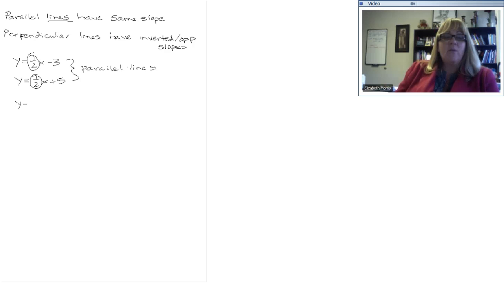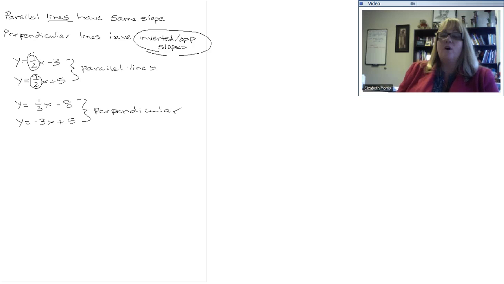Now, if I had y equals 1/3 x minus 8 and y equals negative 3x plus 5, these are perpendicular. Now let's look why. What did I say they had to have? Inverted and opposite. First of all, opposite means one positive, one negative. 1/3 is positive, negative 3 is negative.